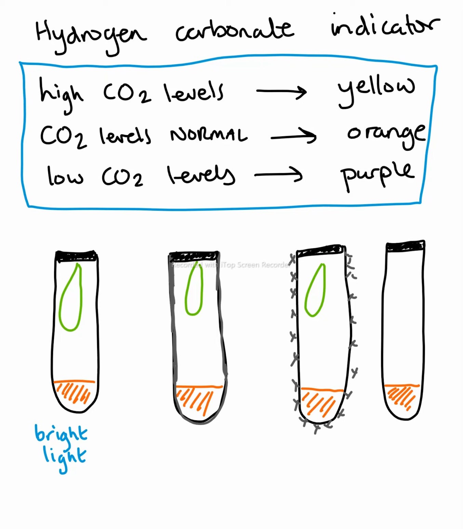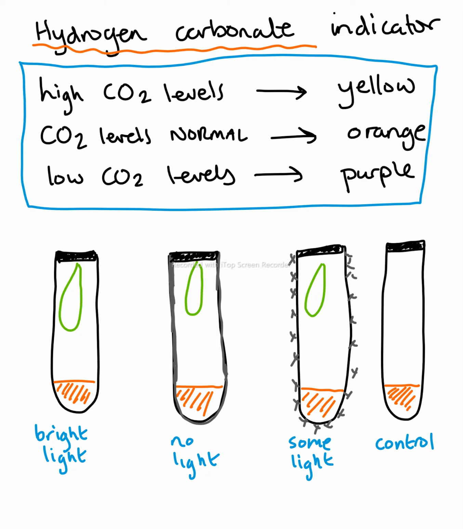Right, so the first one's going to go into bright light, the other one's got no light whatsoever, and this one has got dim light, and this one here has got no leaf inside it, and it's just under normal conditions, not covered. So this is what you call the control, because we want to know whether this orange hydrogen carbonate indicator is affected by any other thing.